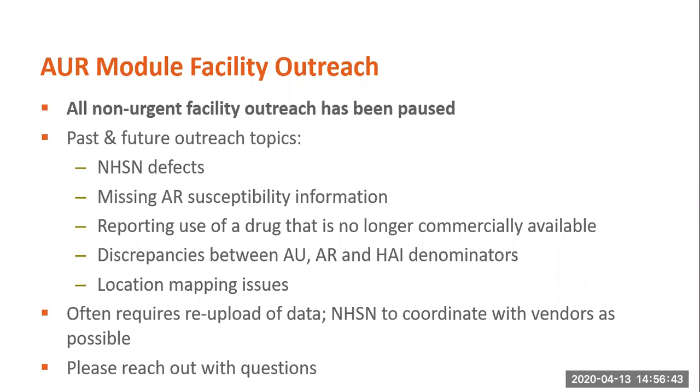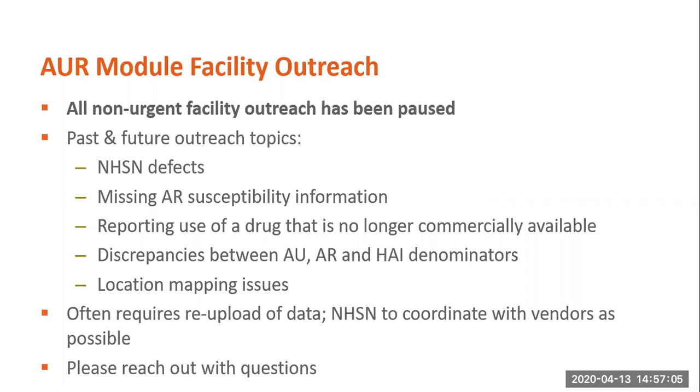From the AUR team, we've in the past and are planning in the future to send out outreach regarding the defects that you've heard about today: some missing AR susceptibility information, reporting use of drugs that are no longer commercially available for the AU option, discrepancies between denominators, and then just various location mapping issues.